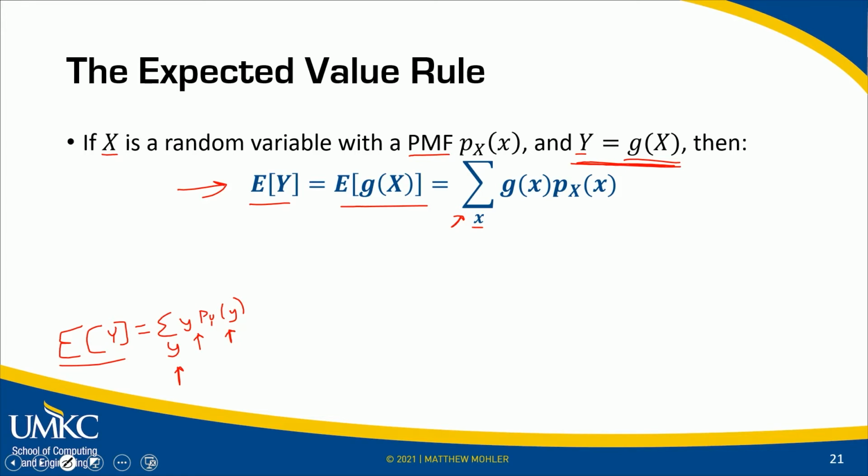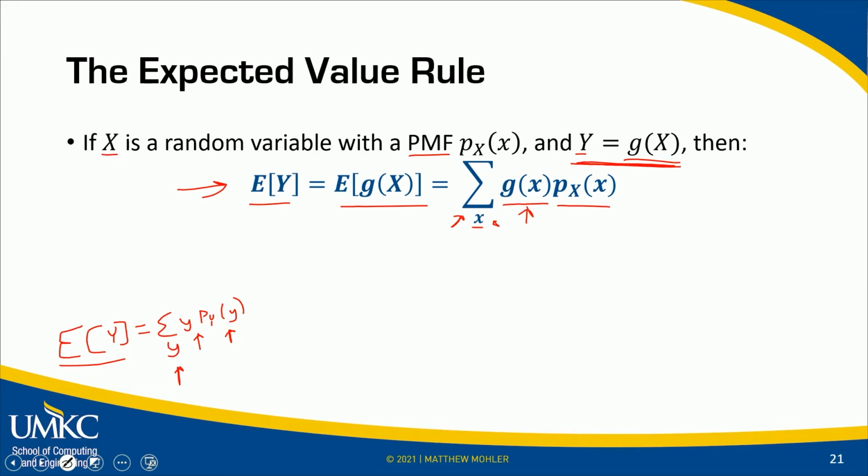What we do then is take the function and apply it to that value of x. So we're using g of x as our value, and we multiply that value by the probabilities of all the possible outcomes of x, not of y.